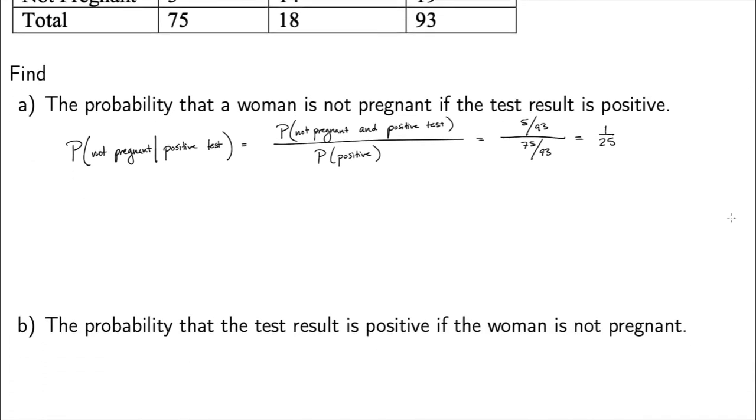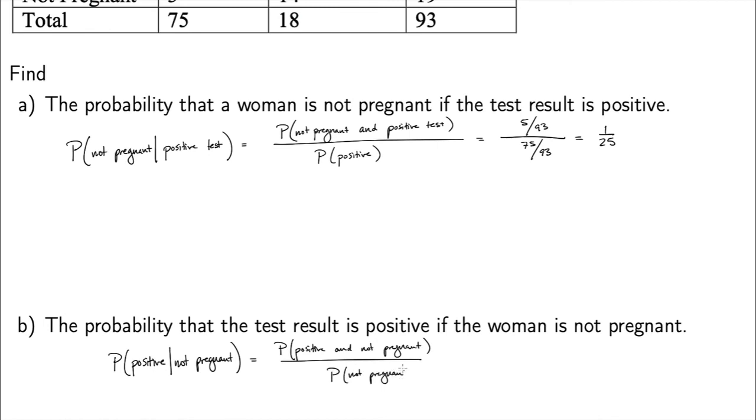The next one is the probability that the test result is positive. Okay, so probability of a positive test given that the woman is not pregnant. All right. So this would be the probability of positive and not pregnant, divided by the probability of not pregnant.